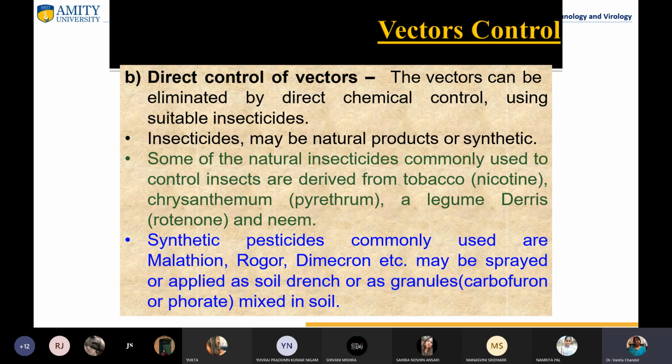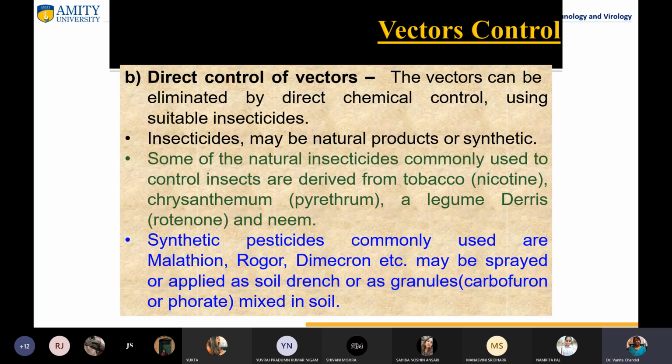Sometimes when we talk about natural insecticides, the production of these kinds of insecticides requires a lot of work and they are not very economic. So people usually opt for chemical control, though chemical control directly affects the environment and human, plant and animal health also.